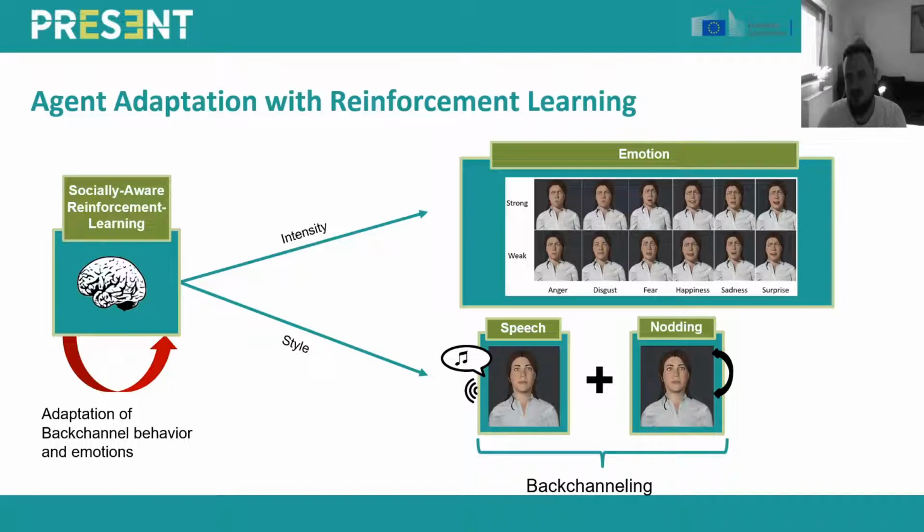Also, the agent is able to give back channel and feedback to the user, like for example with the speech, he is talking to the user, or the non-verbal back channel behavior, like for example nodding or head shakes, that are given back to the user, and we can vary these in style, also based on the liking of the user. So we have an adaptation of the back channel behavior and the emotions based on the implicit feedback we receive from the user via his emotions.